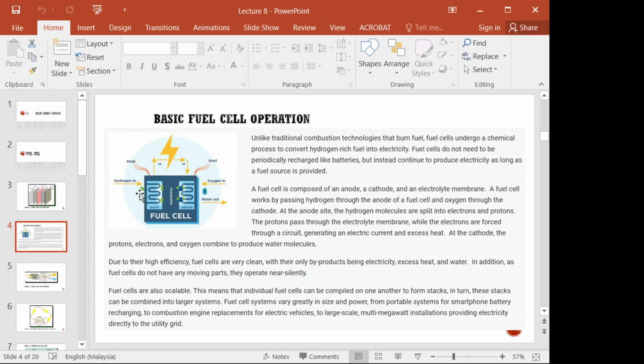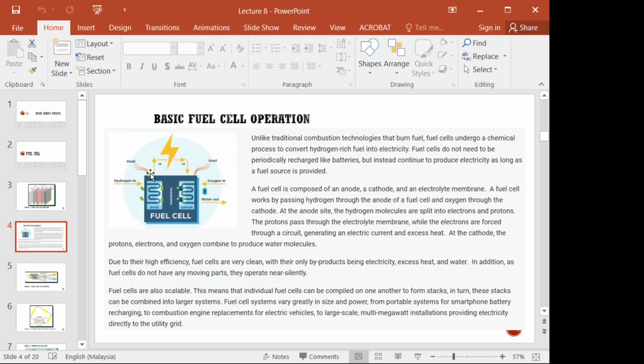The hydrogen comes in to the anode, or negative electrode, and at the anode the hydrogen will split into electrons and protons, and the protons create H plus, or ion H plus, hydrogen plus, and the electrons will be forced to go out from the anode, from the negative electrode, and it will go through the circuit to the cathode or positive electrode.